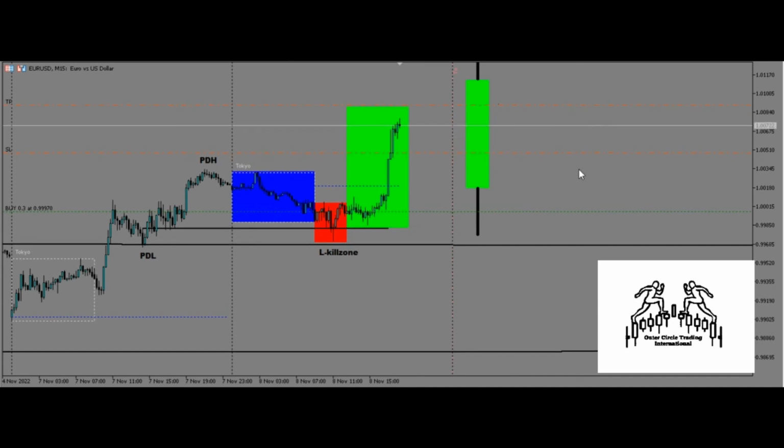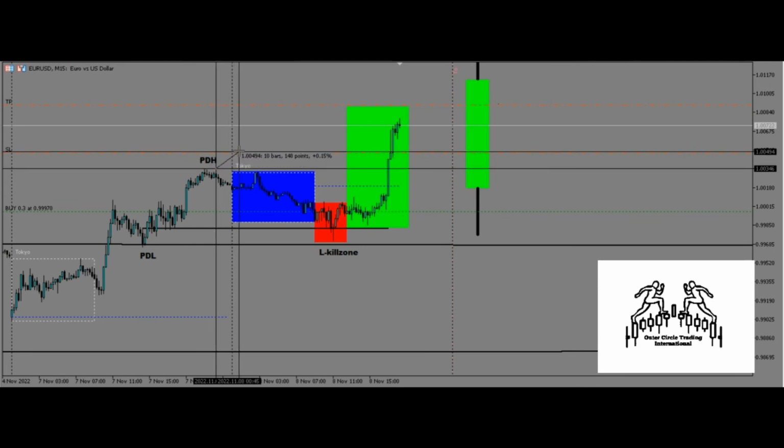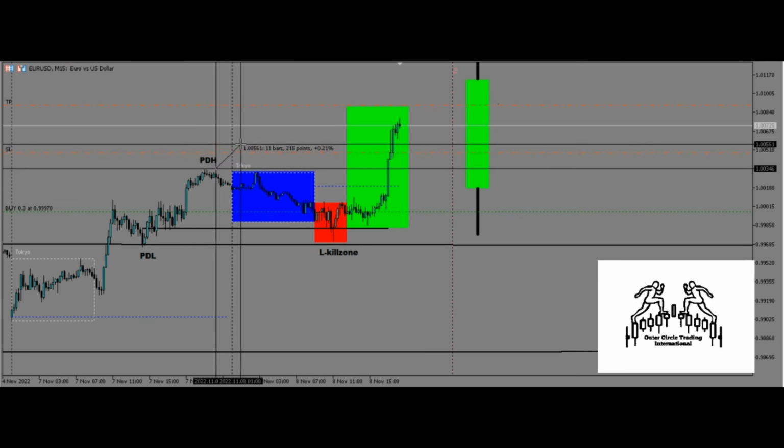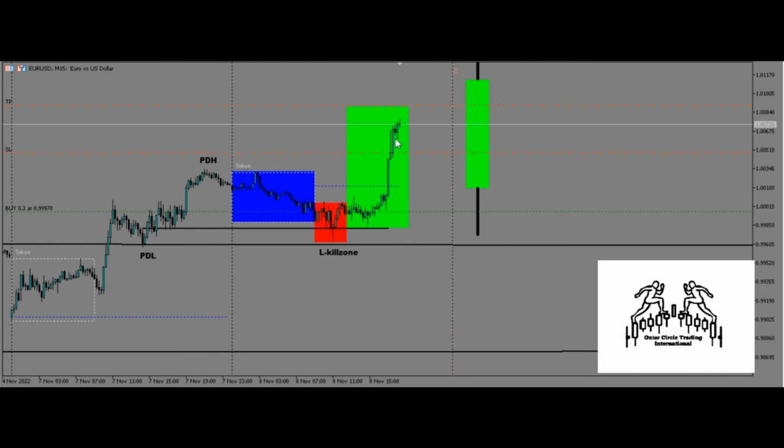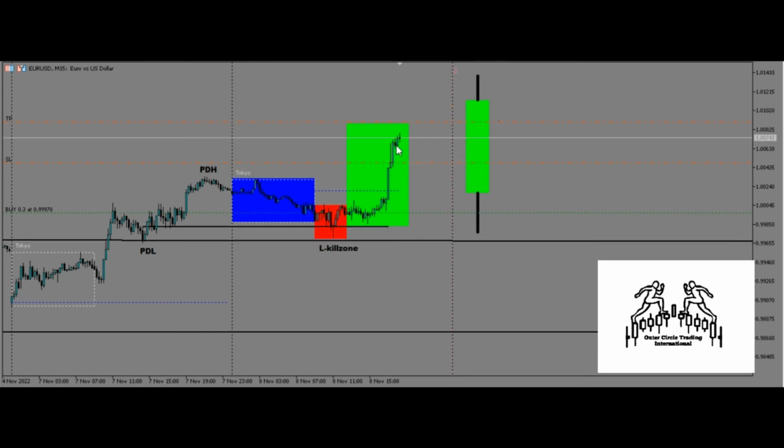We just want to get this move, but most of the time I'm really targeting 20 pips above the previous daily high. So I've already hit my target, but because I'm still anticipating a further move to the upside, I'm gonna hold this trade a bit and see how it unfolds.